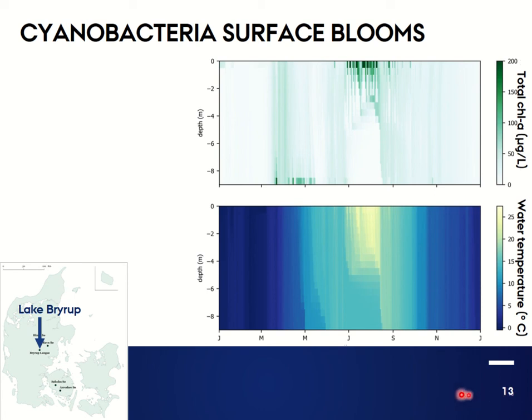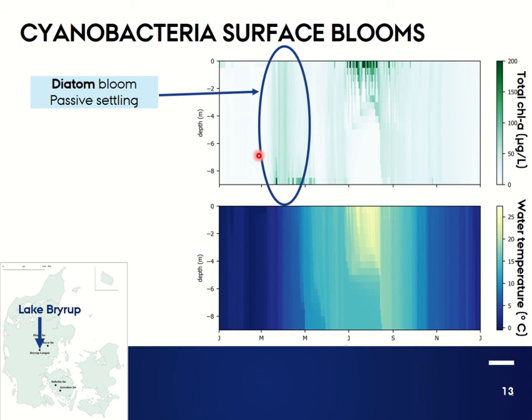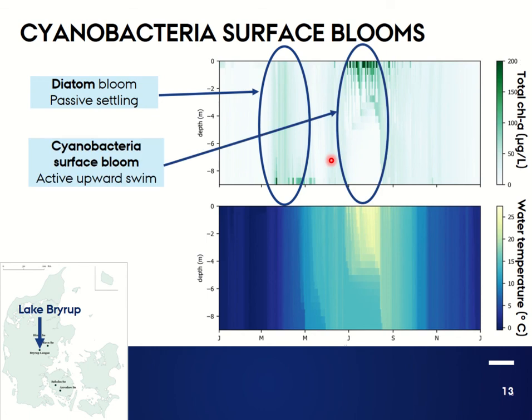In spring, diatoms dominate the phytoplankton community, and when the lake temporarily stratifies in summer, WET simulates cyanobacteria surface blooms. This is due to the cyanobacteria configured with an active ability to swim upward. So we see surface blooms at the surface.